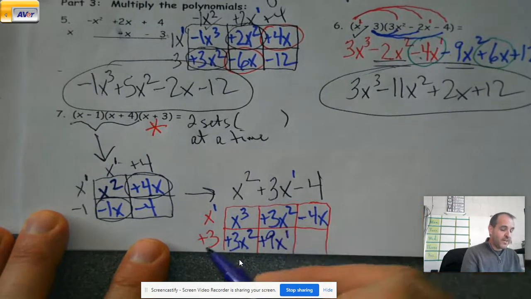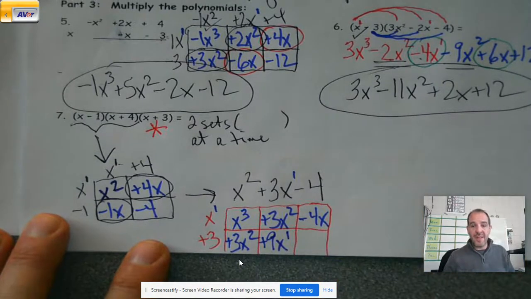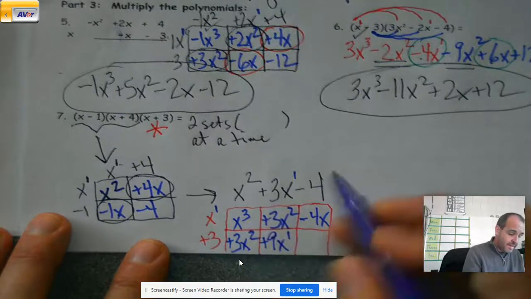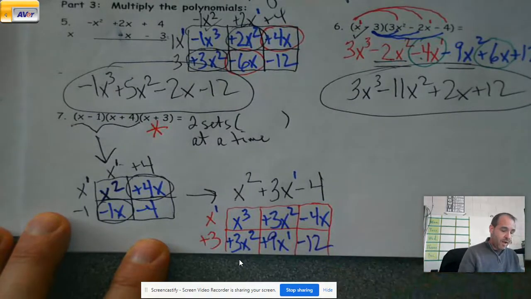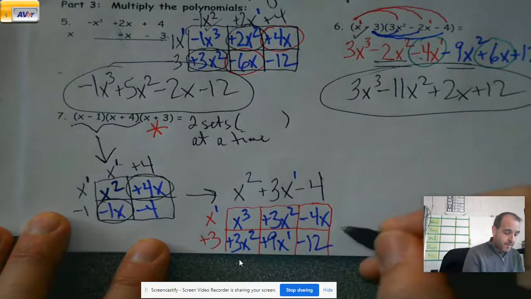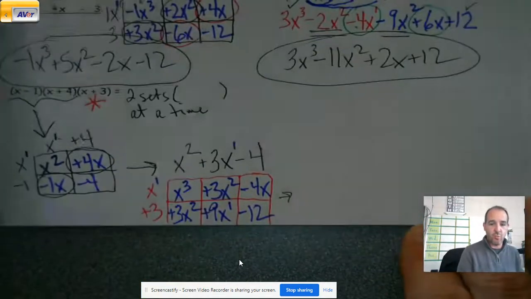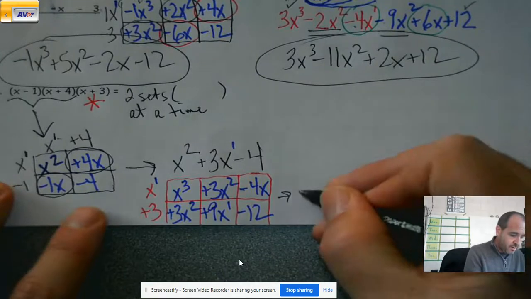So our coefficients, our numbers in front, we're still multiplying. It's just the exponents that we add. And then 3 times negative 4 is negative 12. And my last step is to clean all this stuff up, get my like terms together here. I'm going to make sure I don't run into my head with the answer.